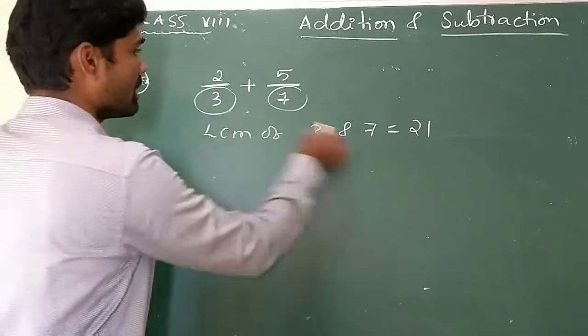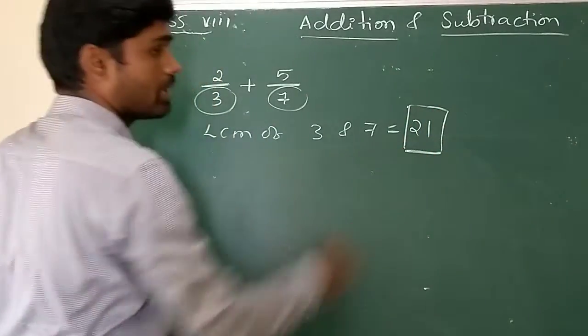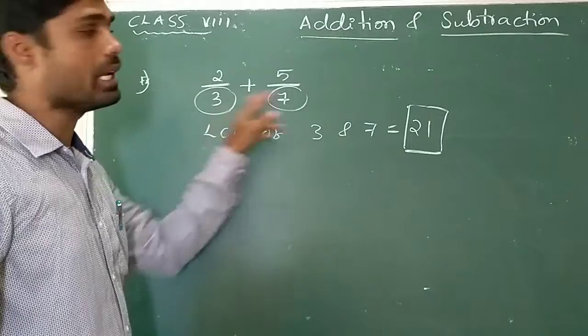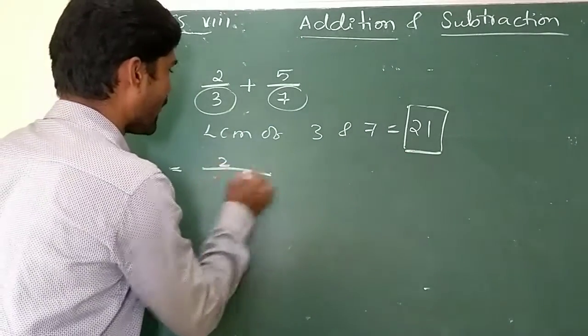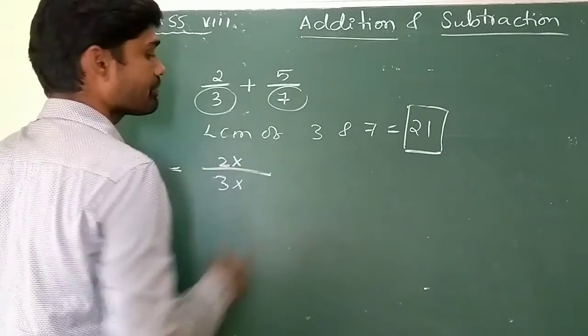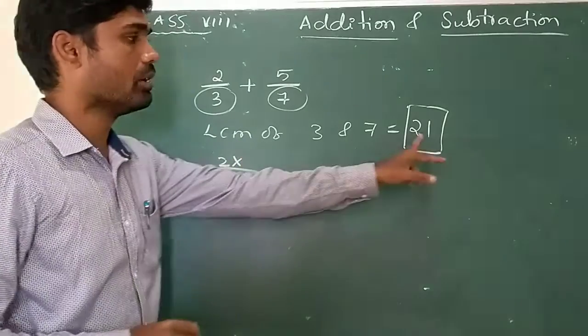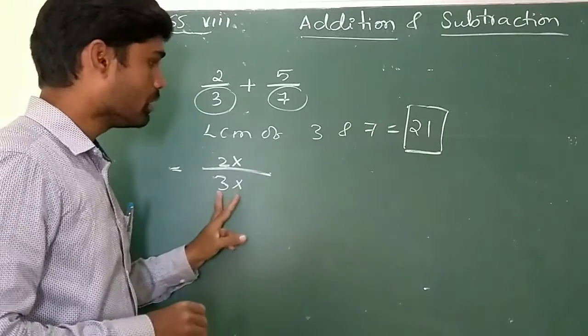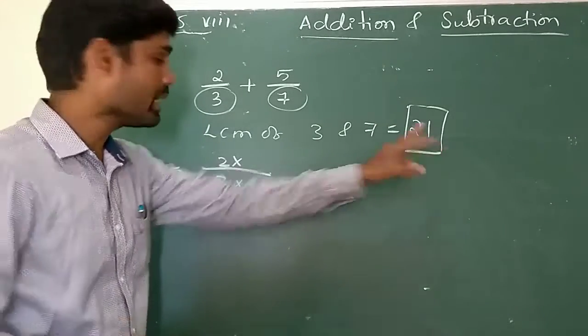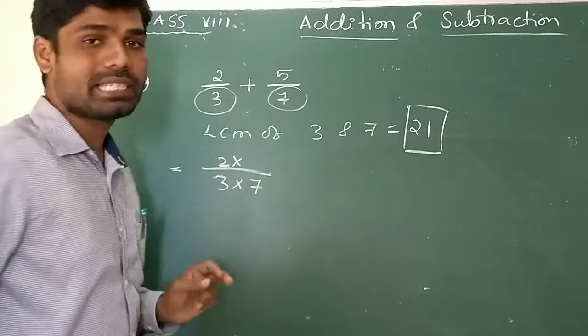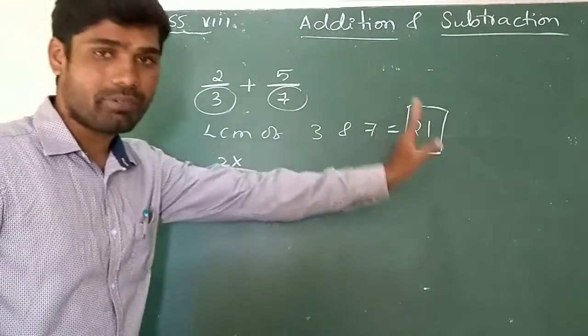Now let us convert these to like fractions. The LCM is 21, so the denominators must be equal to the LCM. 2 by 3 into, see here, in the 3 table, to get 21, 3 sevens are 21. So the multiplier is 7.